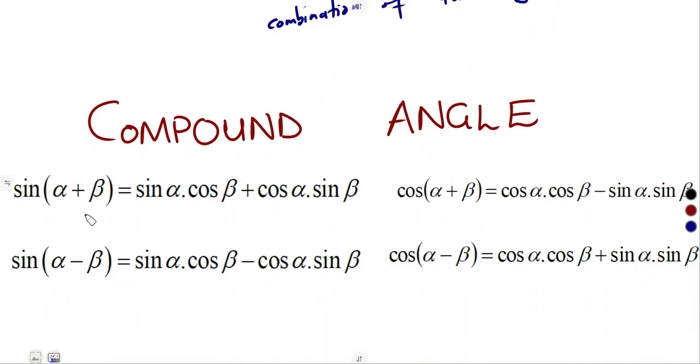So I'm just going to maintain that as it is given in your formula sheet. These angles can be added together, alpha plus beta, or you can have alpha minus beta.